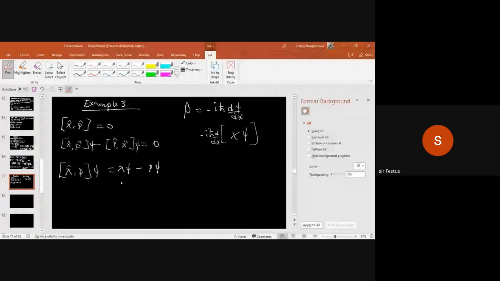So this will be X of psi minus iH, then you have the d psi on the X. This is what you have.